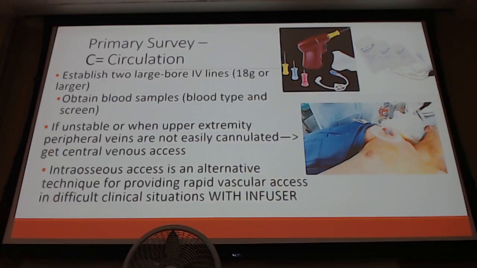That's why in the picture up there, that's your EZ-IO, they have pressure bags on there, because if you're using an IO, you're going to need a pressure bag. And then what is this one here? What kind of line is that? It's a central line, right? That's a subclavian central line. So that's a very large bore catheter that we can push large amounts of fluid through.